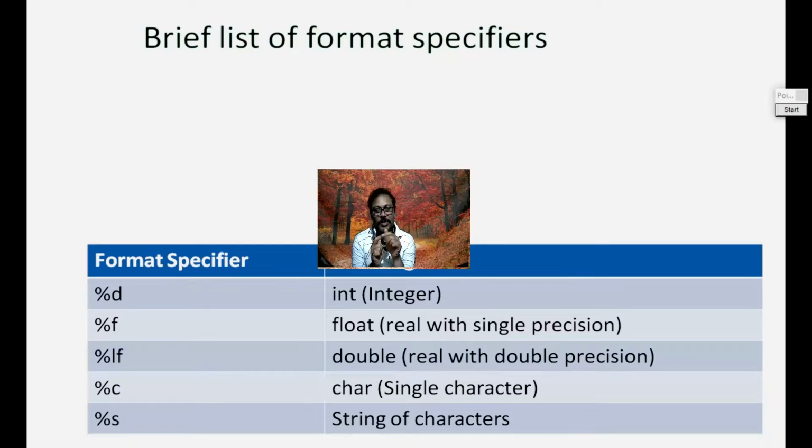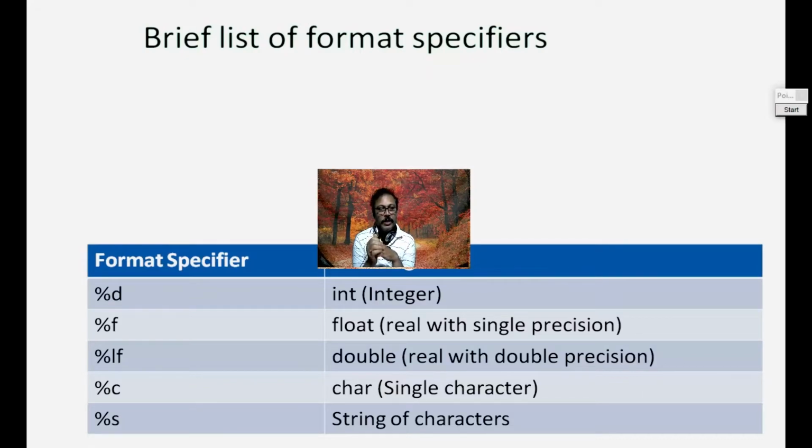Unfortunately, sometimes they may vary from compiler to compiler, particularly the double. In some books, they say you can use %f, in some books %lf. But %d, %f, %c, %s will be the same.